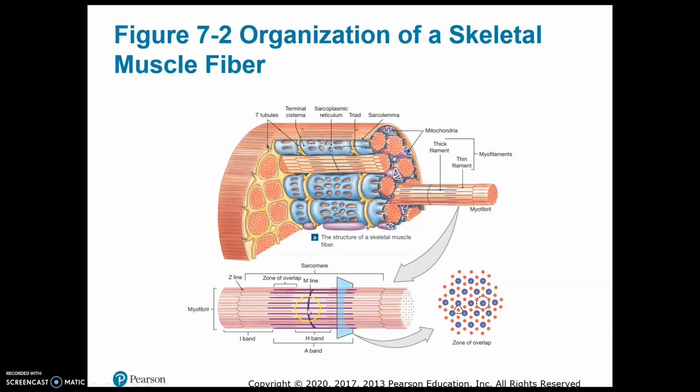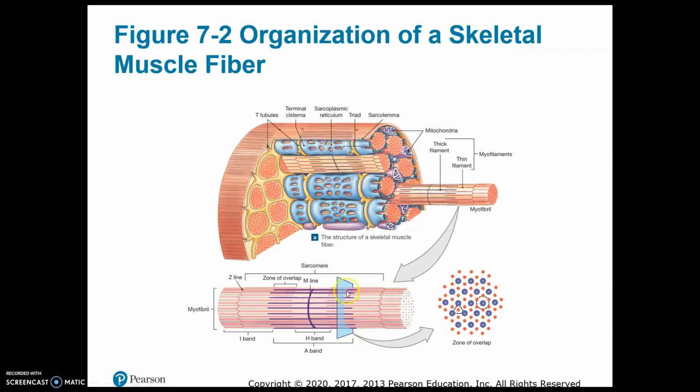Okay, so the M line is in the middle of the sarcomere. The Z lines are where a sarcomere is connected to another sarcomere. So they're found only within actin, only within the thin filaments. And then the A band is actually the length of the myosin filaments.